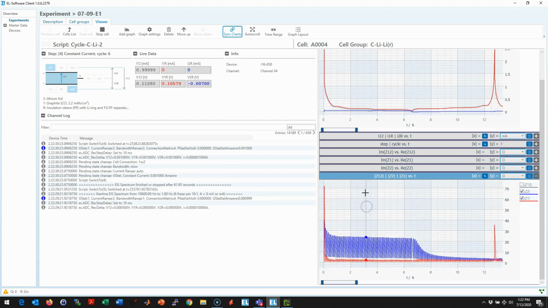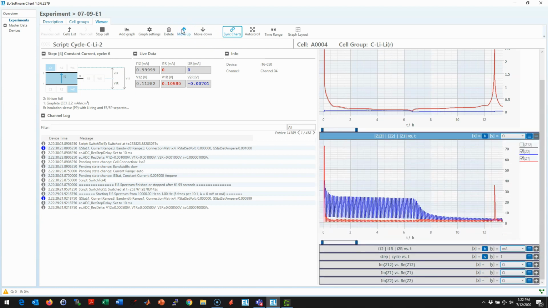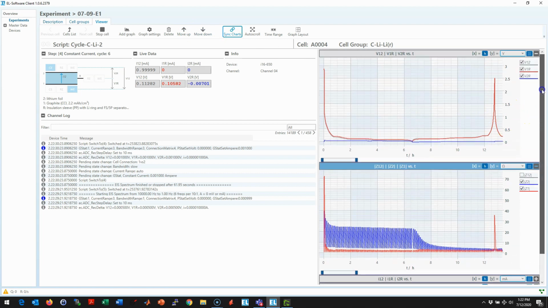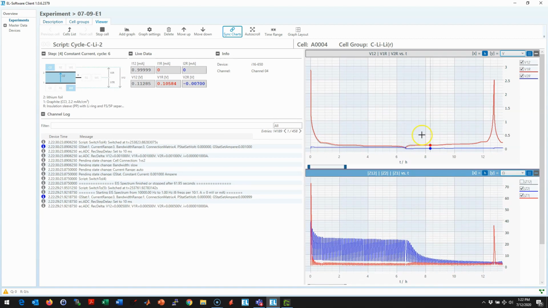I move that diagram up here. Okay, and here you see the evolution of the impedance data in the lower diagram.